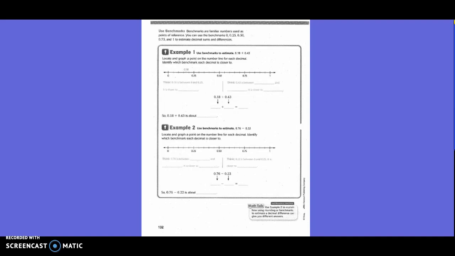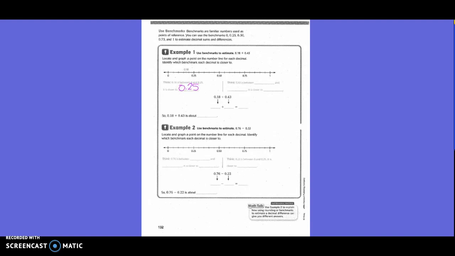Example 1, use benchmarks to estimate 18 hundredths plus 43 hundredths. Locate and graph a point on the number line for each decimal. Identify which benchmark each decimal is closer to. So they went ahead and put 18 hundredths on the line for us. What benchmark is it closest to? 25 hundredths.